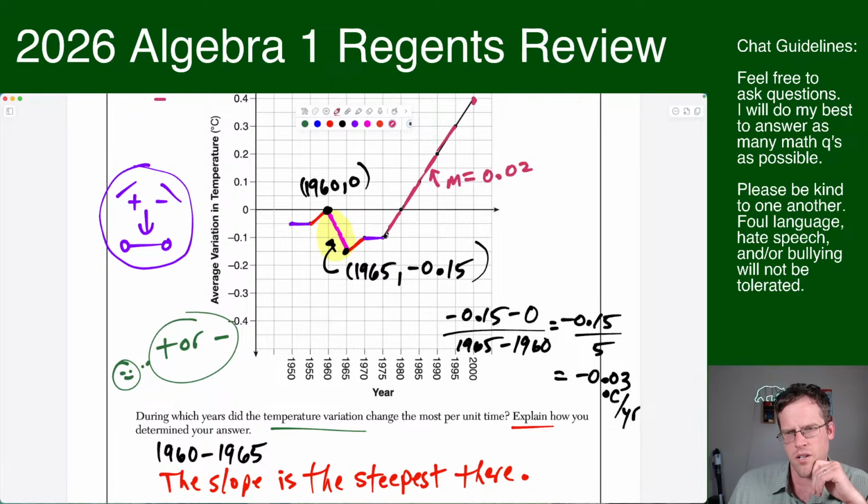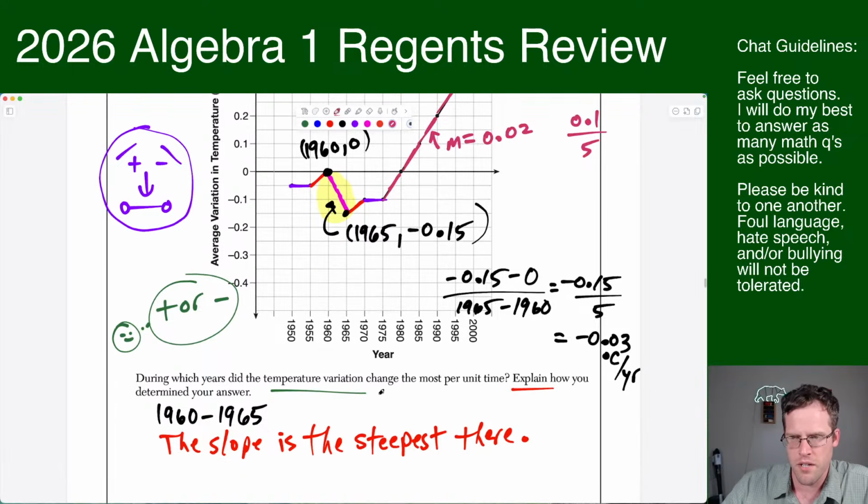This would be up 0.1, but then over 5 would make 0.02. So this slope, even though it's negative, its absolute value is greater than this one. But that's way too much work for 2 points. So just say the slope is steepest there. This is plenty. This is very extra.